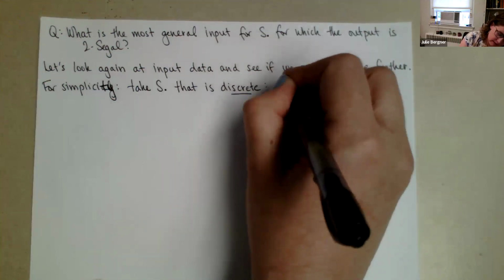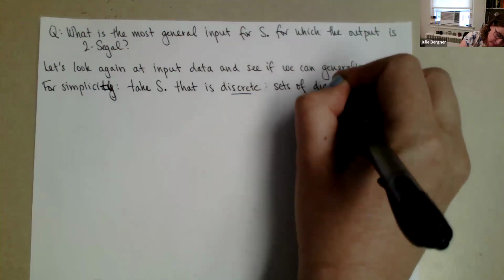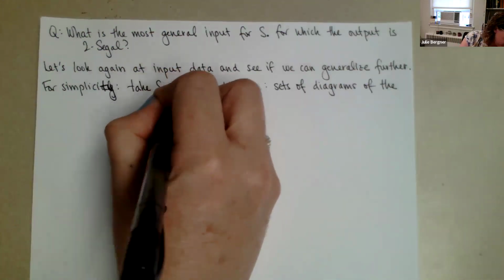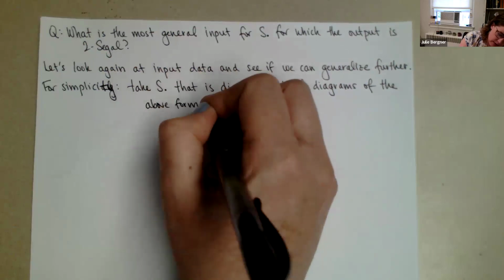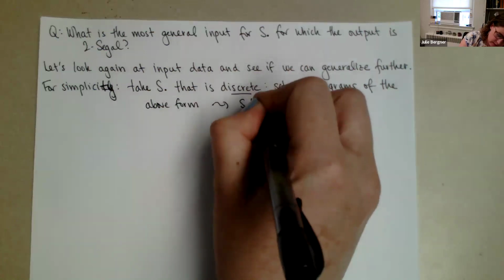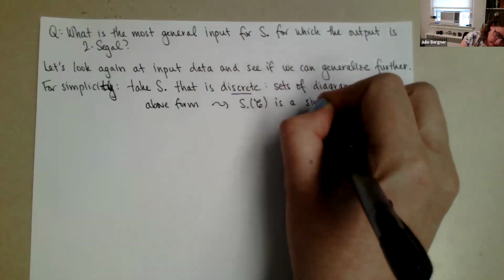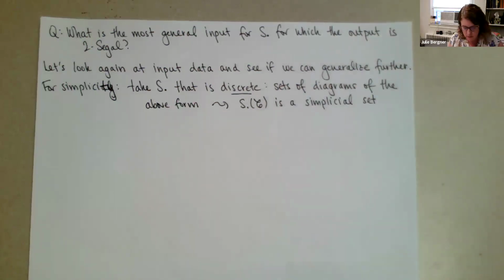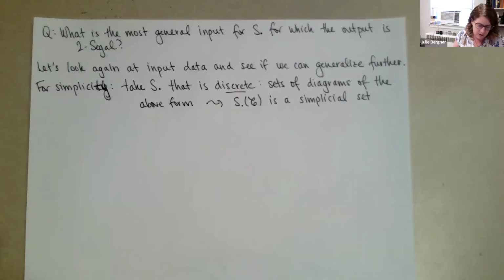So we're going to take sets of diagrams of the above, and then S dot C is a simplicial set. So everything is very strict now. There aren't really particularly useful examples here, but I just don't want to kill you with too much abstraction in what follows. So hold with me here.